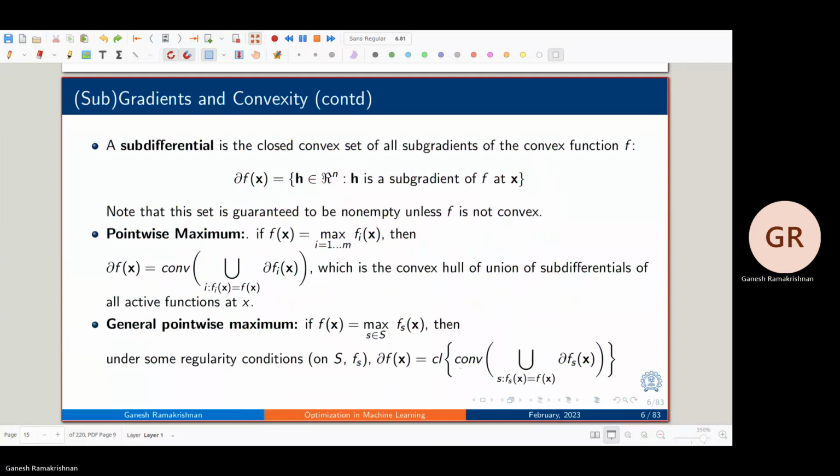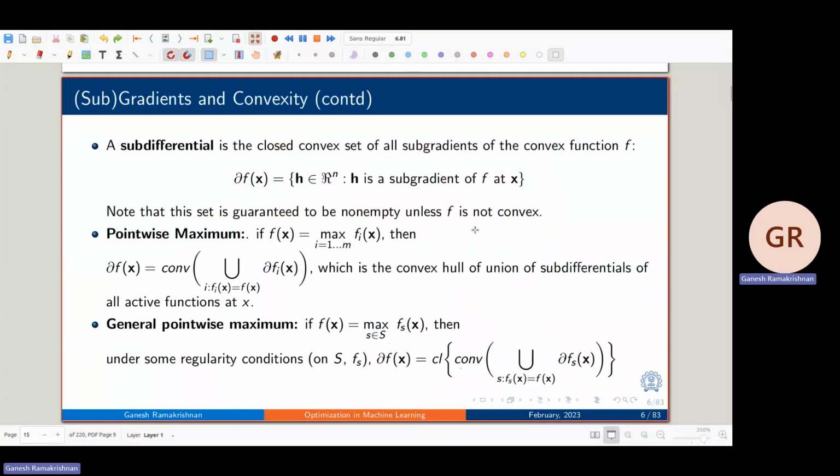Spectral norm. Spectral norm is under n becoming 2. When n is 2, what do you get? The max of all the singular values. Right? Max of singular values is the spectral norm.